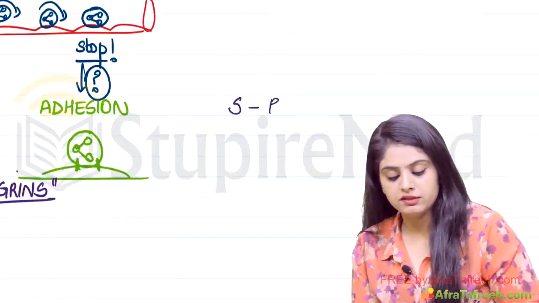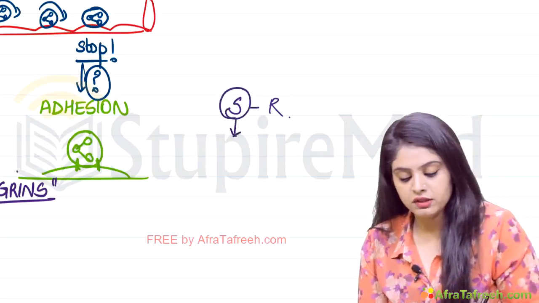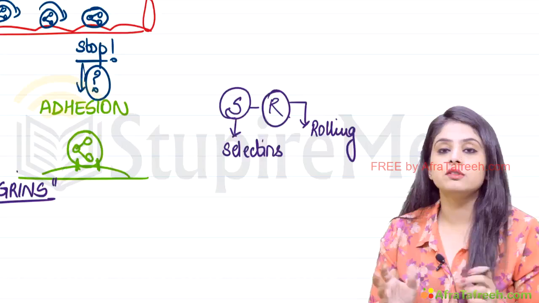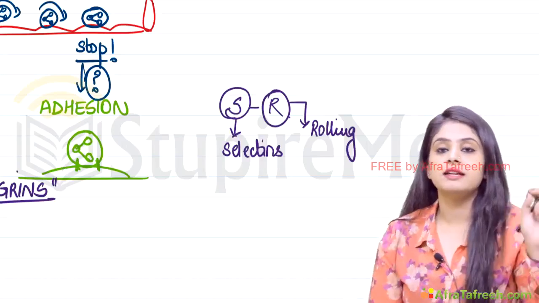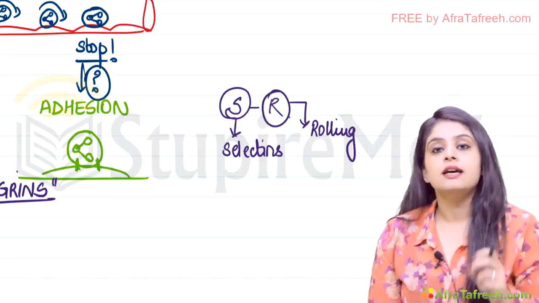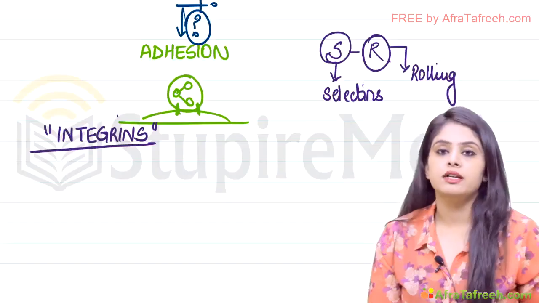Everyone knows about senior resident, senior residency. So S for selectins and R for rolling. With this mnemonic, you will not confuse selectins and integrins. Selectins will be for rolling, SR, senior resident. Automatically then you will remember that integrins are for adhesion.